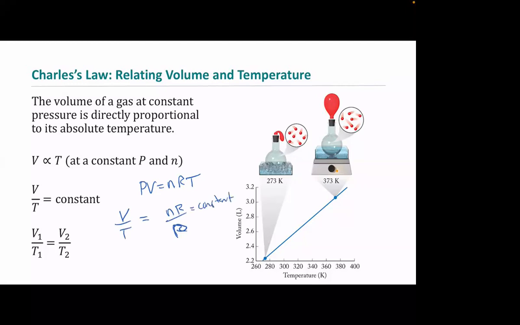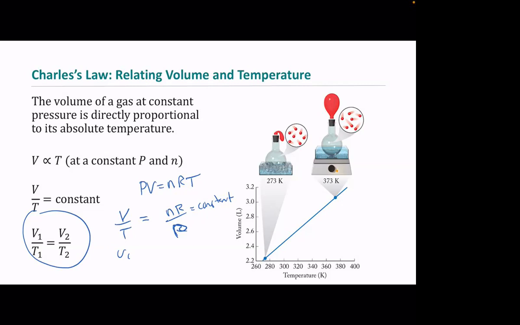That's not changing. So now we replace that with V over T right here. V1 over T1 equals V2 over T2 because they both equal that constant. Before and after, they both have to equal NR divided by P because N's the same, R's the same, and P's the same. That makes sense? And that's all. That's Charles' law.